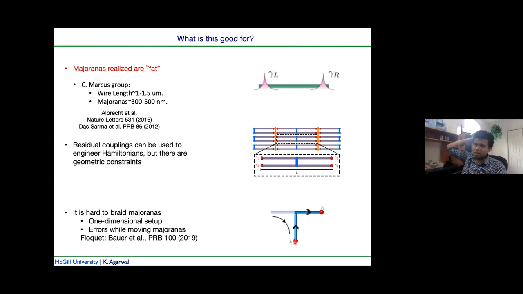So there are a few current experimental problems, and there are so many systems that I'm not going to speak about all of them, but certainly in the quantum wire and maybe the planar Josephson junction devices, it's clear that the Majoranas that one realizes are somewhat fat, which means that if your wire is like 1 to 1.5 or 2 micrometers long, the Majoranas that you realize are actually a significant fraction of the wire, and so they overlap and hybridize with one another.